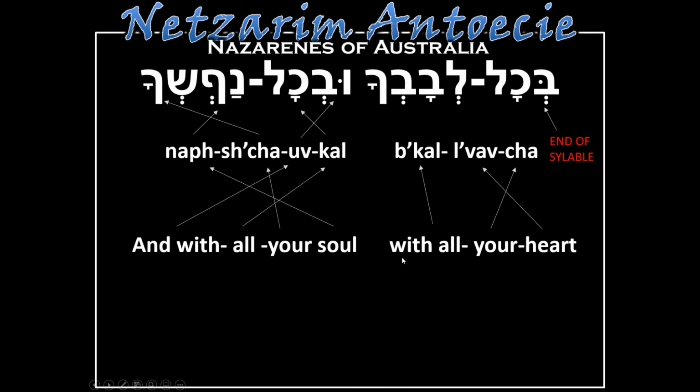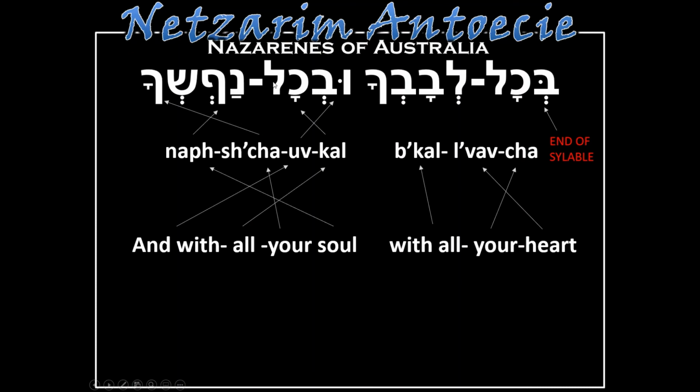So down here I've put it here, with, because the bet can mean in or with, so normally it's translated as with, all, and that's your, or your, and levav is heart. And then we have uv, right? Now uv is here, it means and, in or and with.